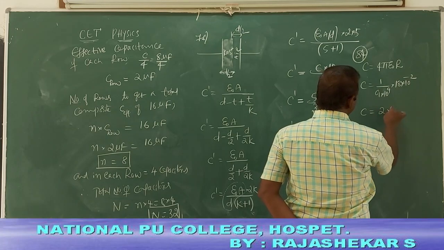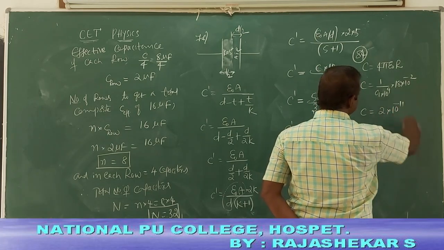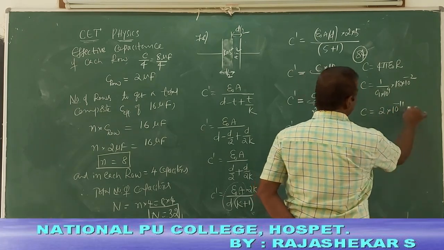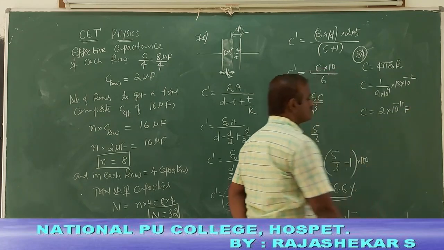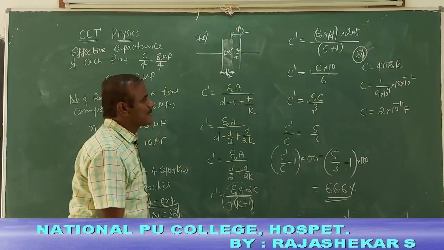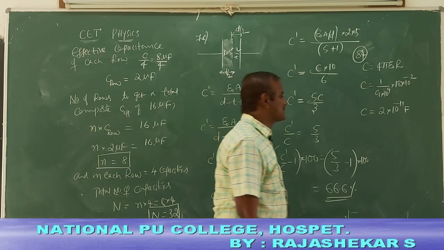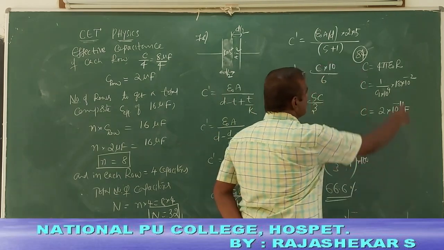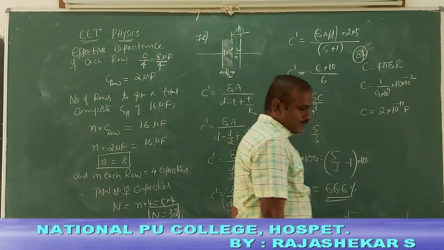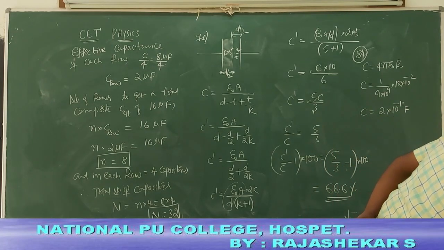Two into 10 to the power minus 11 farad. Then charge on it is given 5 in 10 power minus 6.